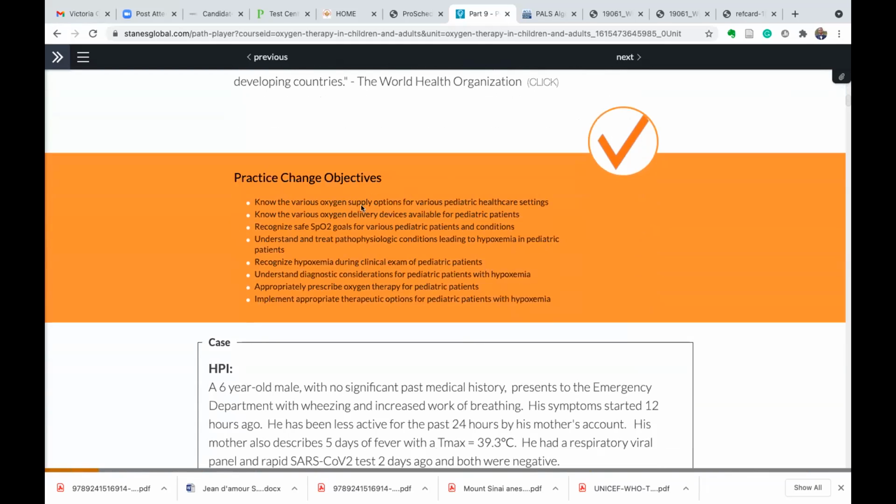So again, our objectives were to know various oxygen supply options in our setting, to know various oxygen delivery devices for pediatric patients, to be able to recognize SpO2 goals for various pediatric patient conditions, and understand and treat pathophysiological conditions leading to hypoxemia in pediatric patients, recognize hypoxemia during clinical exam, understand diagnostic considerations of hypoxemia in pediatric patient, be able to appropriately prescribe oxygen therapy for pediatric patient, and lastly, initiate appropriate management for hypoxemia.